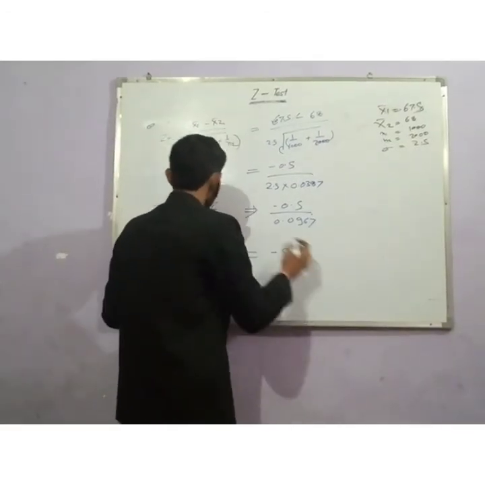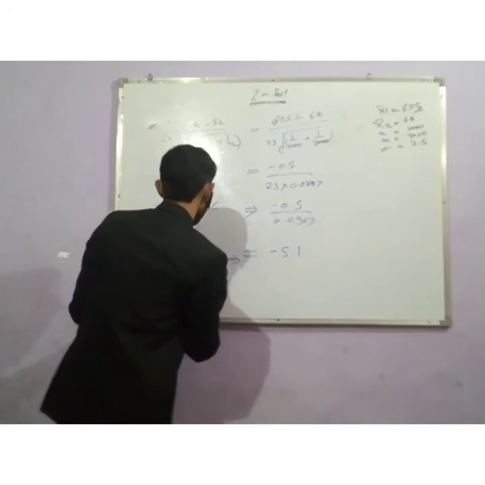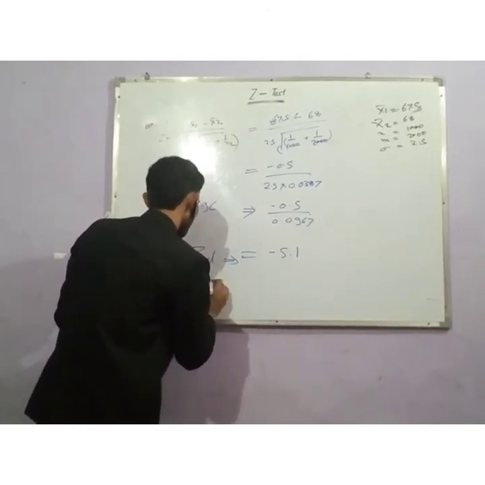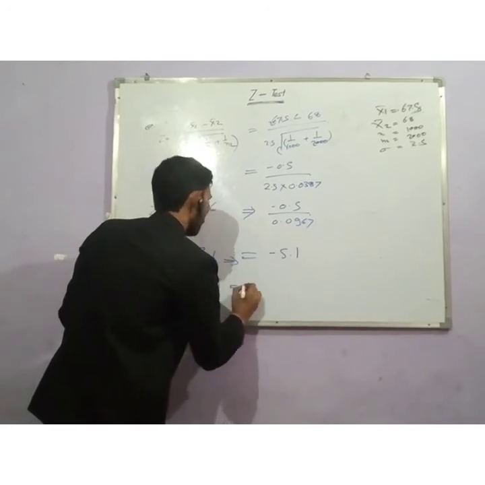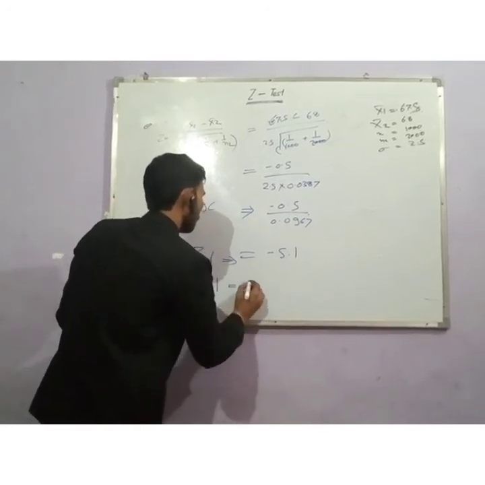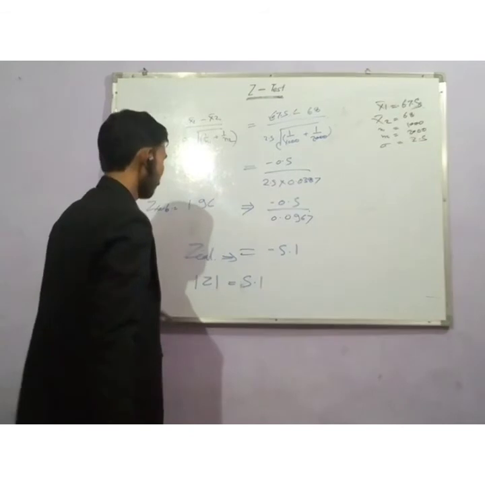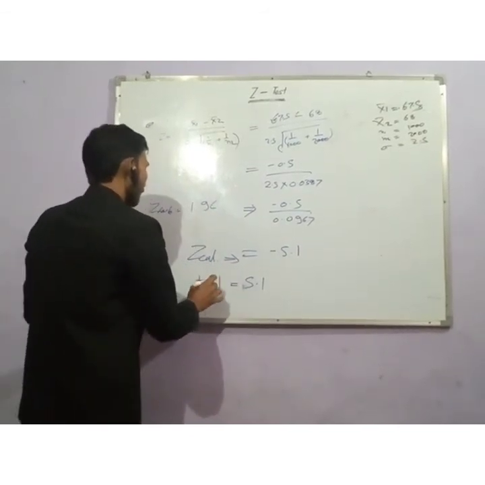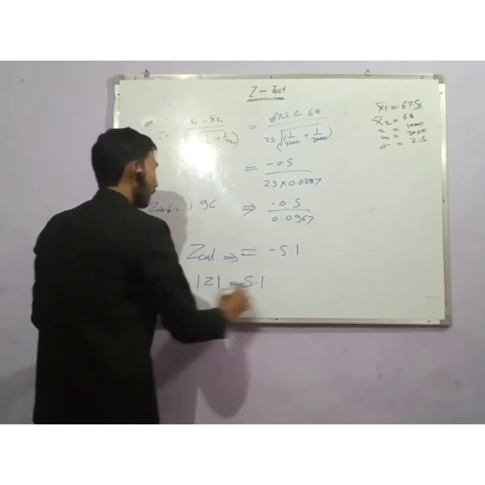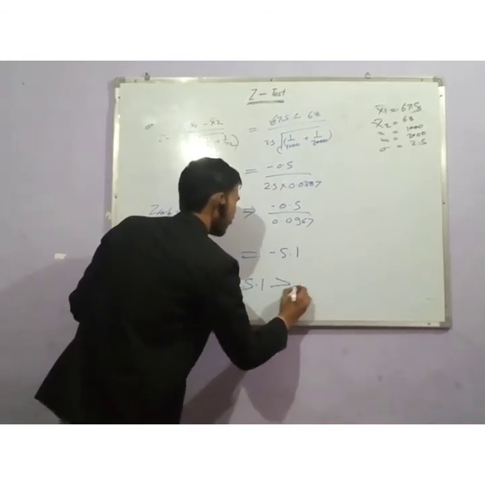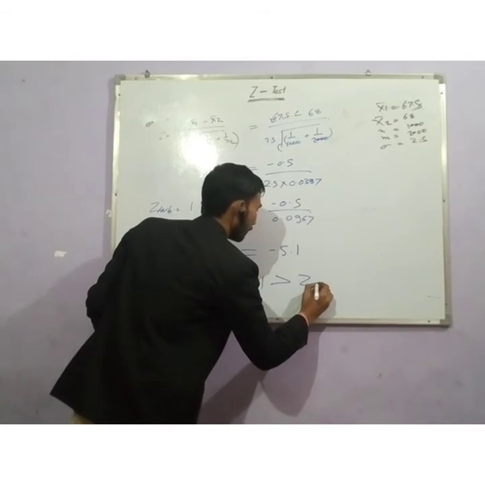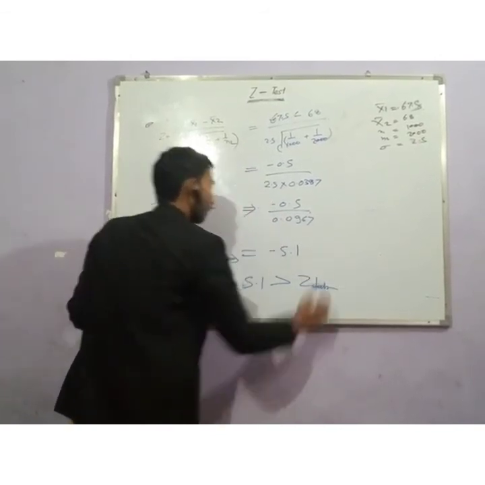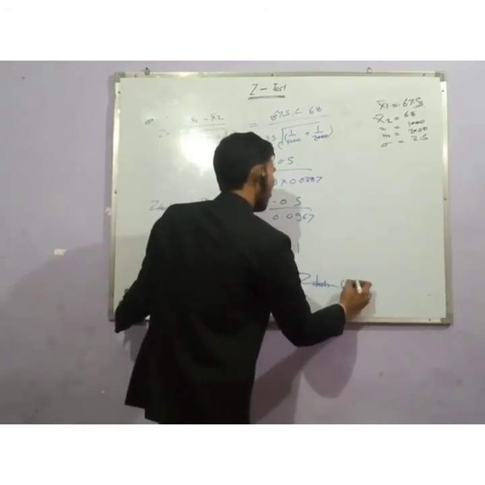Okay, so if you compare, Z calculated we can write in mod, mod Z calculated equal to 5.1. Compare this 5.1 calculated value is greater than Z tabulated value 1.96.